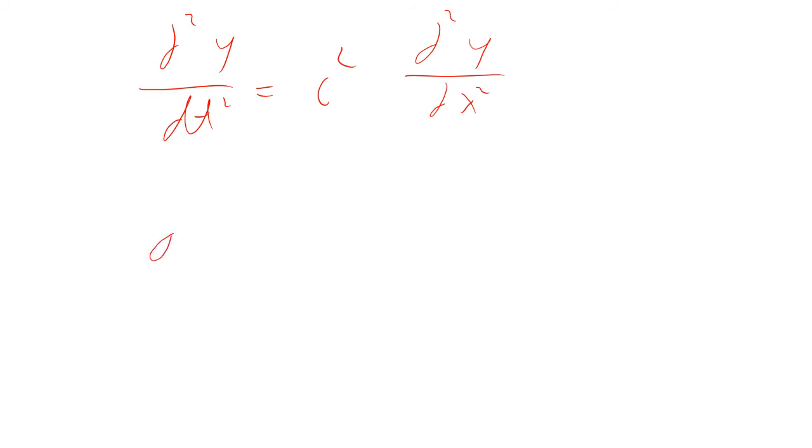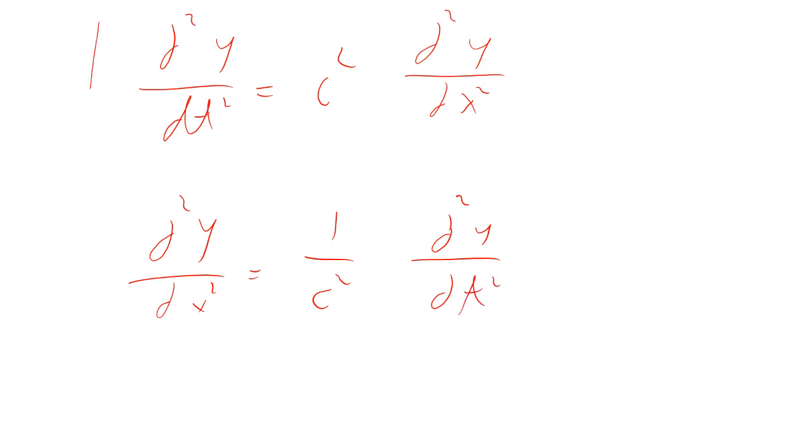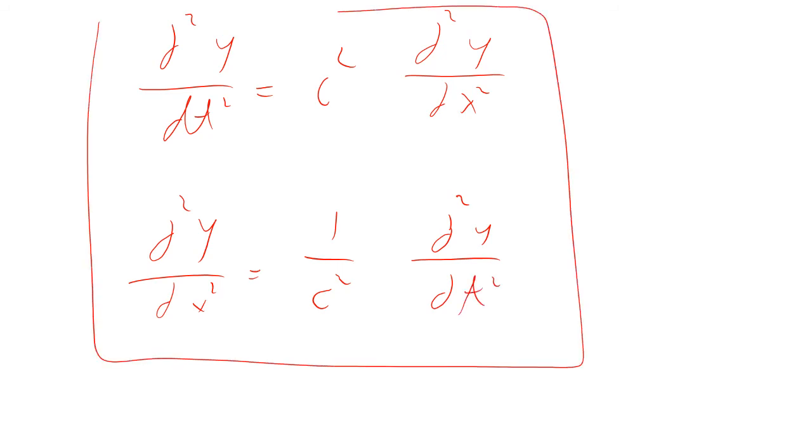So what we can say is that the second derivative of y with respect to time squared equals c squared times the second derivative with respect to x squared. Or this is often written as the second derivative with respect to x squared equals 1 over c squared times the second derivative of y with respect to time squared. Either way of writing it is the same thing, and this is the wave equation.